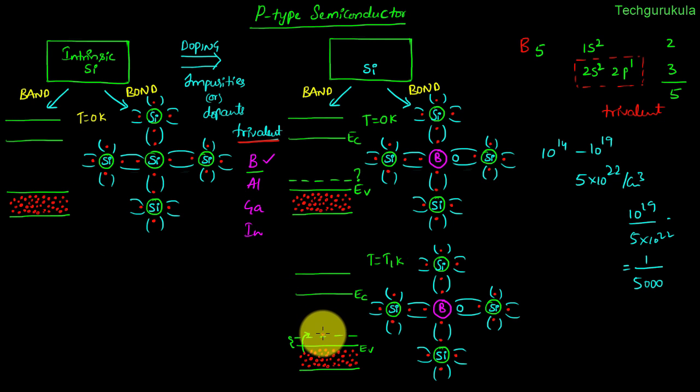As a result, there will be vacant states created in the valence band, which means we have holes created in the valence band, but there are no electrons as such in the conduction band. As we are increasing the temperature, some of the electrons from the valence band might get enough energy to move into the conduction band.